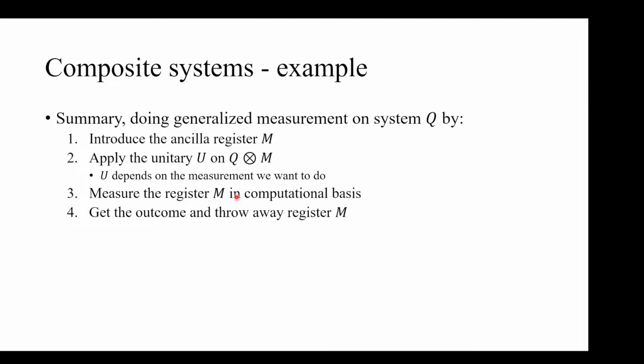Then you do a computational basis measurement on your register M, and you get the outcome on M. After the measurement, you can throw away register M, and your Q will be turned into the corresponding post-measurement state.